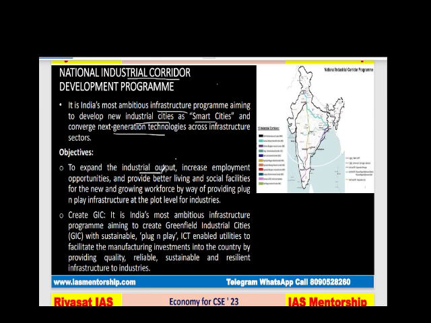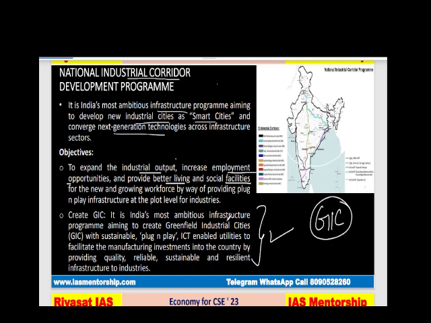What are the objectives? Basically, to expand the industrial output, to increase employment opportunities, to provide better living, to provide social facilities, etc. Clear? Basically, it is also aiming to build up the greenfield industrial cities, which is also known as GIC.